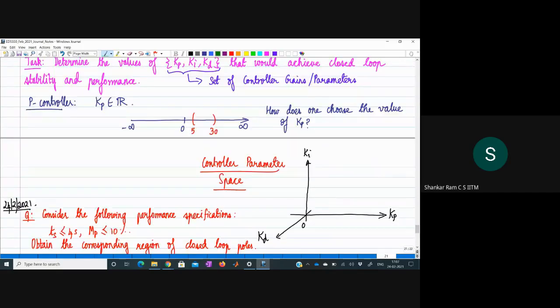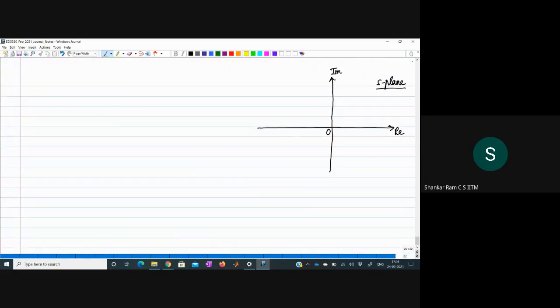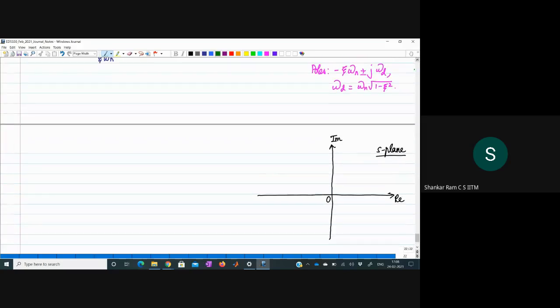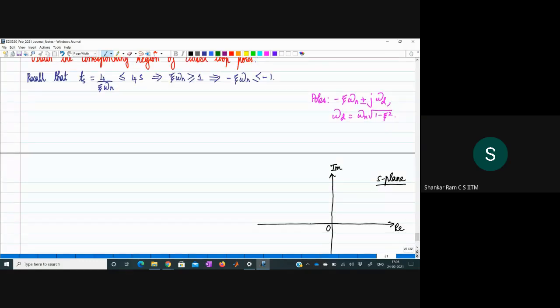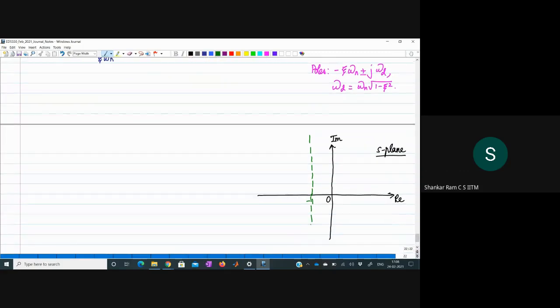So suppose I draw a vertical line at -1, which is what we have calculated. So let's say this is -1, and I draw a vertical line passing through -1. We can immediately observe that all poles or all values of s to the left of this vertical line will have a real part less than -1, right? I am sure all of us are in agreement with that.